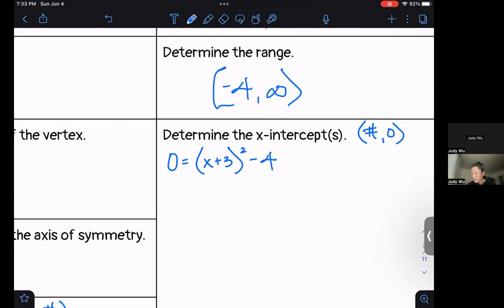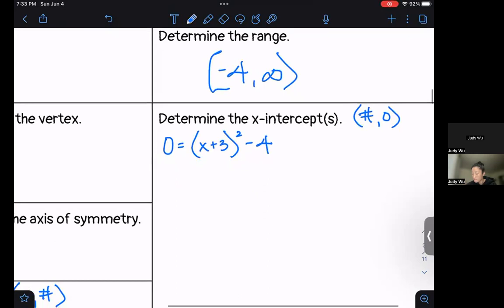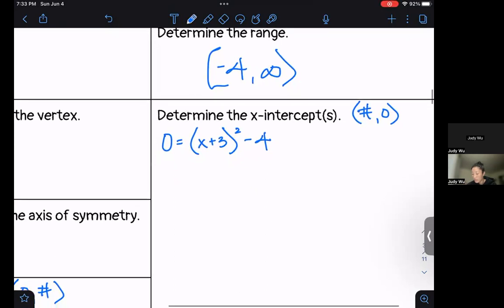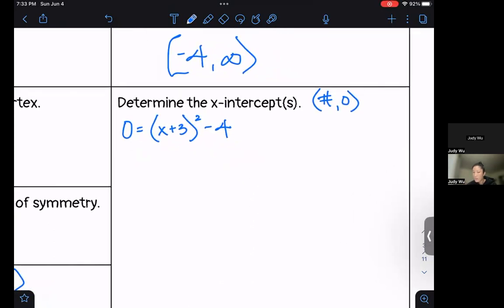All right. Now we're going to go ahead and do a few things, okay? We're going to go ahead and FOIL this out. This is going to give us 0 equals x plus 3 times x plus 3 minus 4.